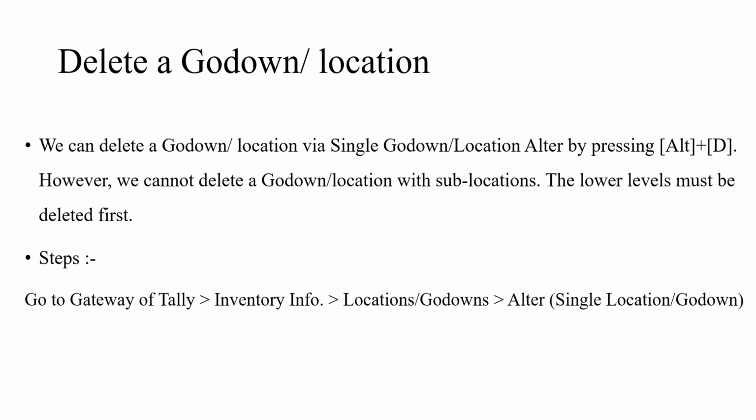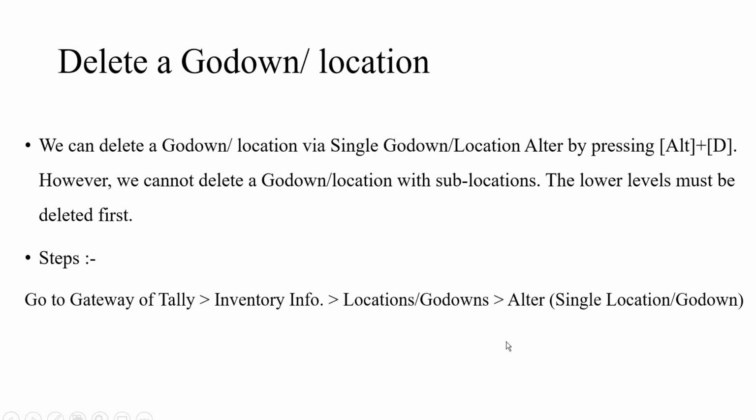In that case, we have to delete the lower levels first. Then only we can go for deleting the parent. Right? This indicates that first we have to delete the lower levels, then we can go for deleting the parent location. Right? Down we have the procedure here. Again, this will begin from gateway of tally, masters, inventory info, location / godowns. Then godowns menu, right? Alter option, single mode.